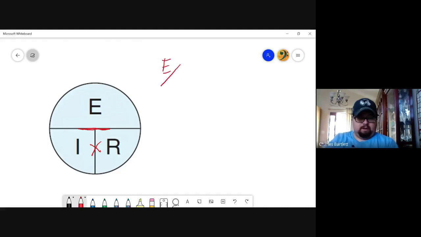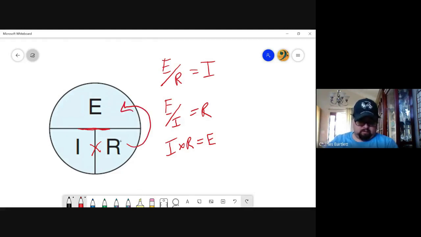E divided by R equals I. E divided by I equals R, and I times R equals E. Simple as that. I times R equals E. E divided by R equals I. E divided by I equals R. And that's how it works.